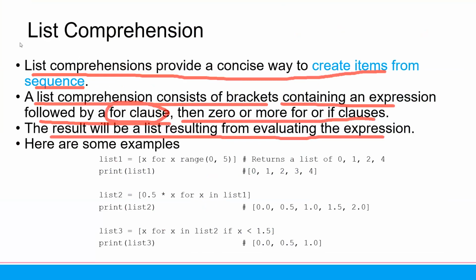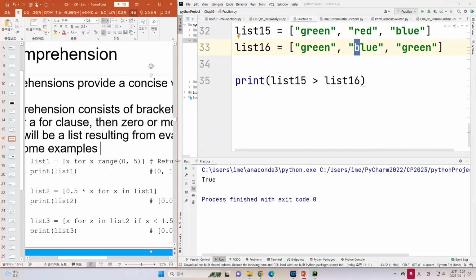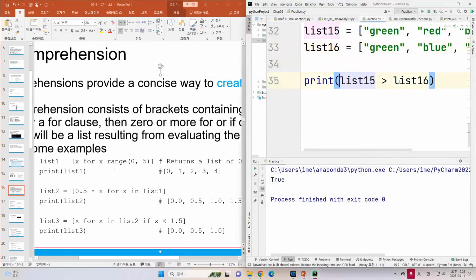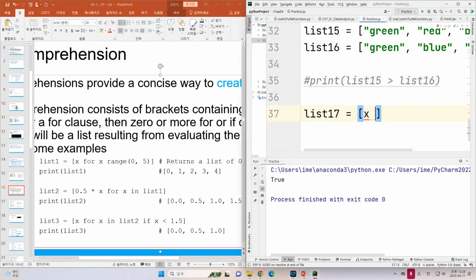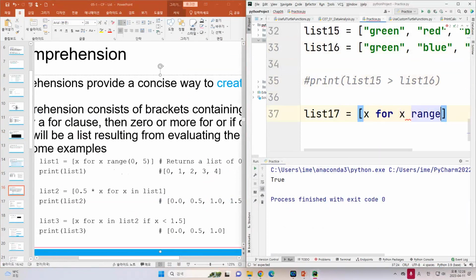So let's look at this example. I will do one by one. Let's say I have list 17. The list 17, I will put every value of x. What is x? I will like to do the loop that x will be the value from the range 0 until 5.